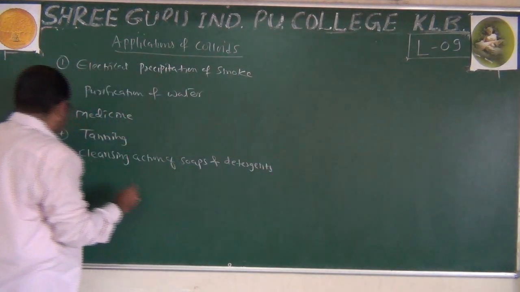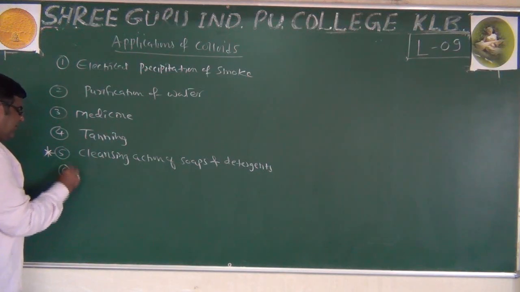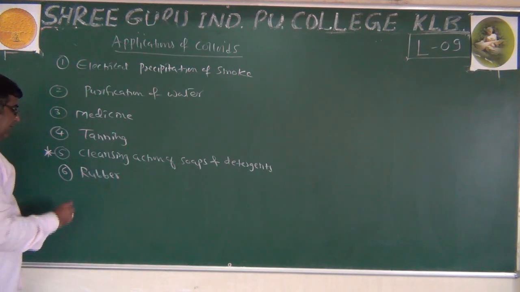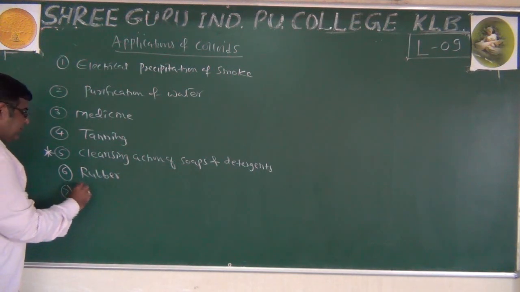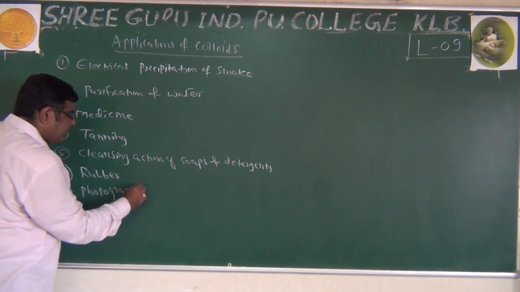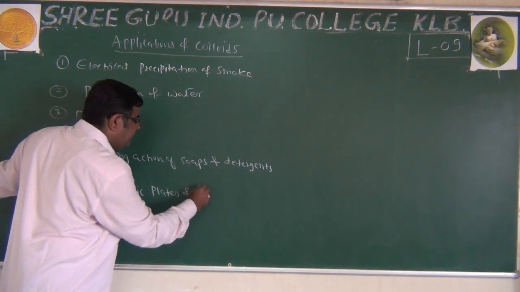by formation of associated colloids, micelles, which we have already completed in associated colloids. Sixth is in rubber. Seventh is photographic plates and films.